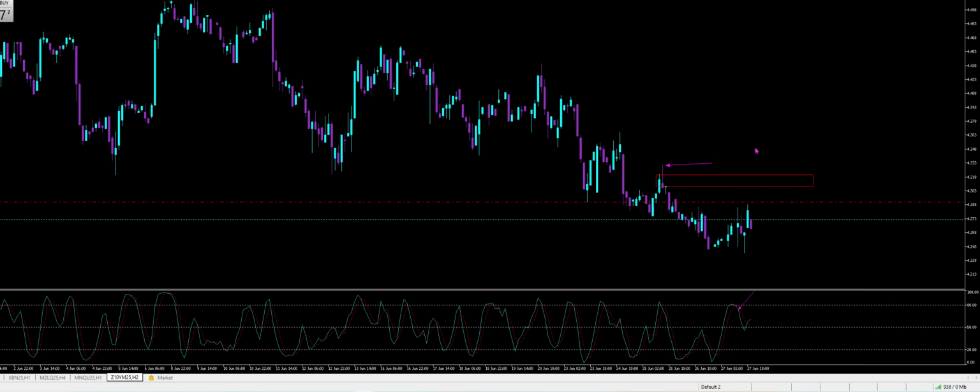So if price does get through here and go higher, I don't think this area will hold. I think price probably will continue and go higher if this rectangle area does not hold. Okay, but for now I still have bearish bias, but again, I wouldn't be totally surprised to see price turn and come higher and retest this zone.